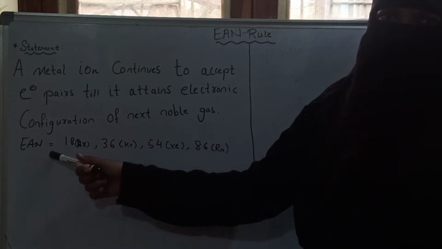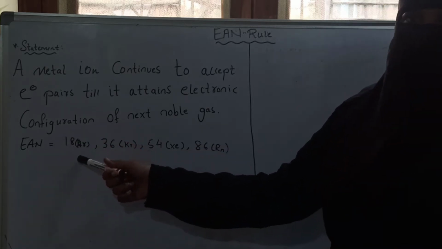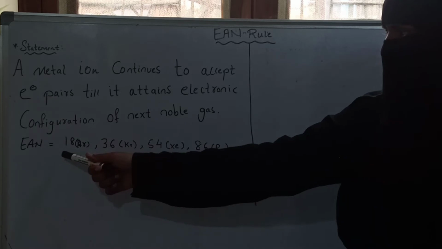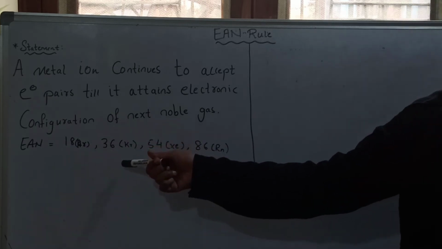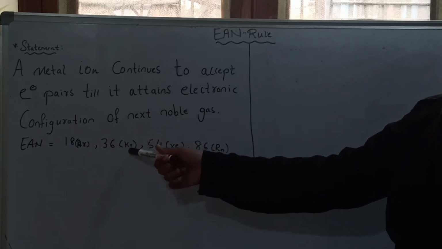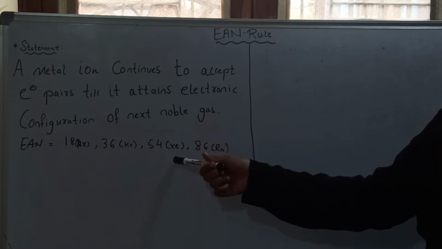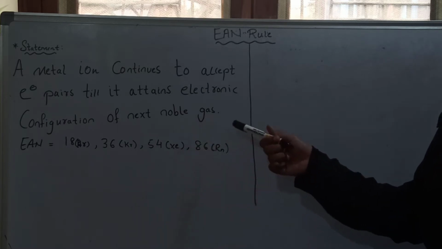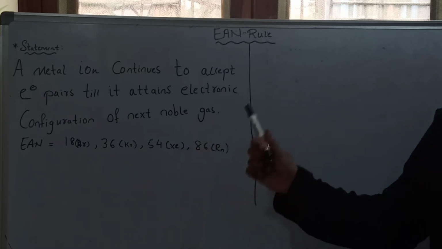EAN is equal to 18, that is the atomic number for argon, 36 the atomic number for krypton, 54 the atomic number for xenon, and 86 the atomic number for radon.